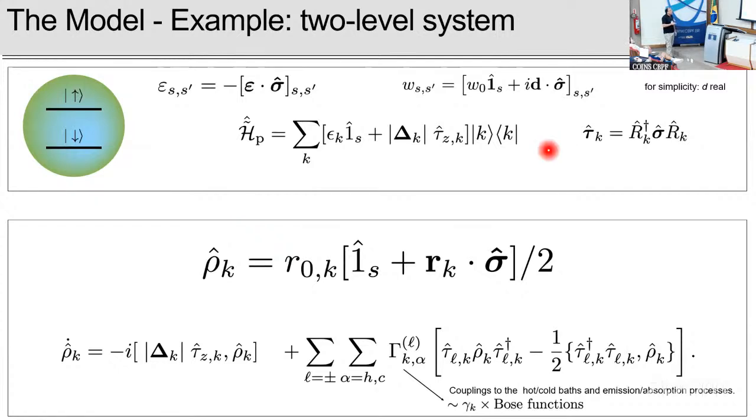You can reduce all the discussion to a 2x2 block for these K modes, and the density matrix has the standard form where you have this decoupling to the different reservoirs.